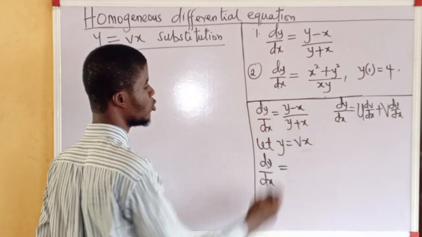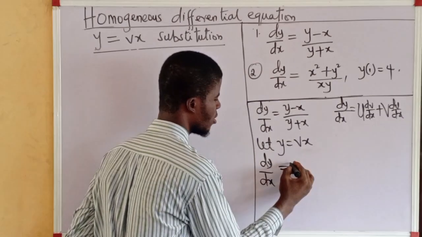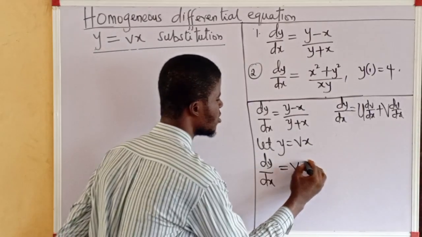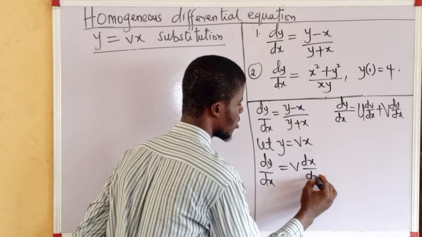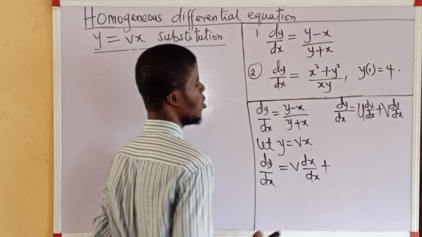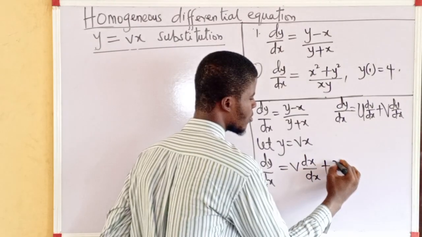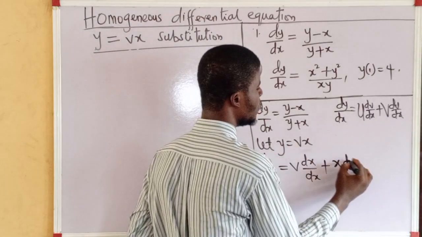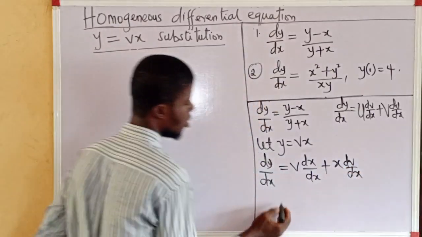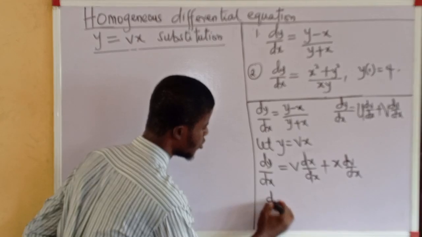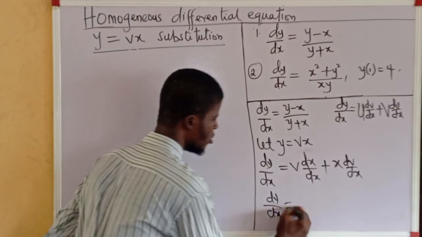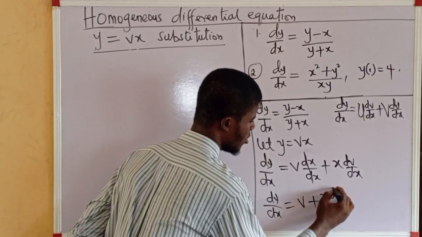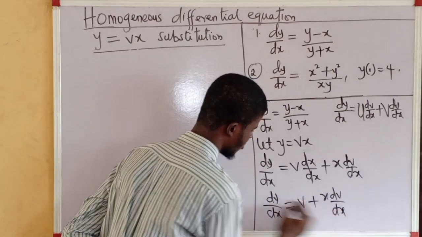So going by the product rule, let's write down v, then differentiate x with respect to x, that's dx/dx, plus we'll write down x now, and differentiate v with respect to x, and that's dv/dx. dx/dx is 1. So dy/dx is equal to v plus x dv/dx.